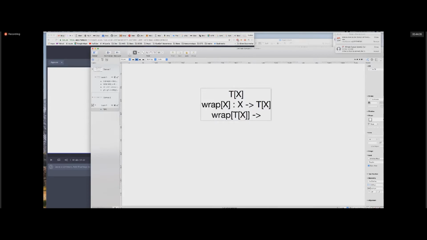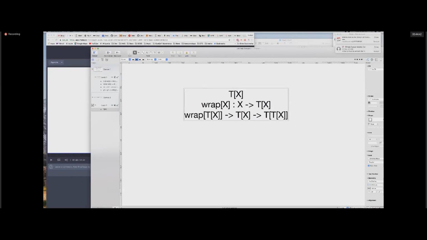From T of X to TTX. Yes, T of X to TTX. Exactly. And you're off to the races, right? So you go from Tn to Tn plus 1.